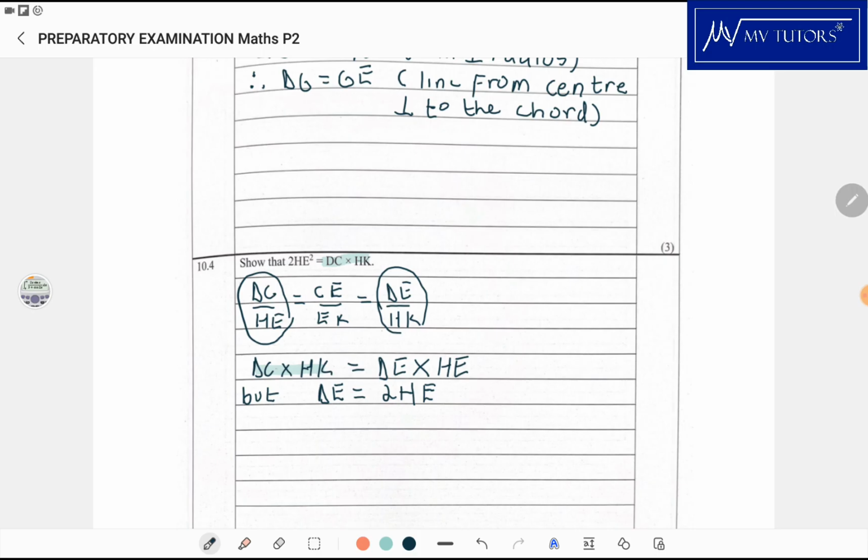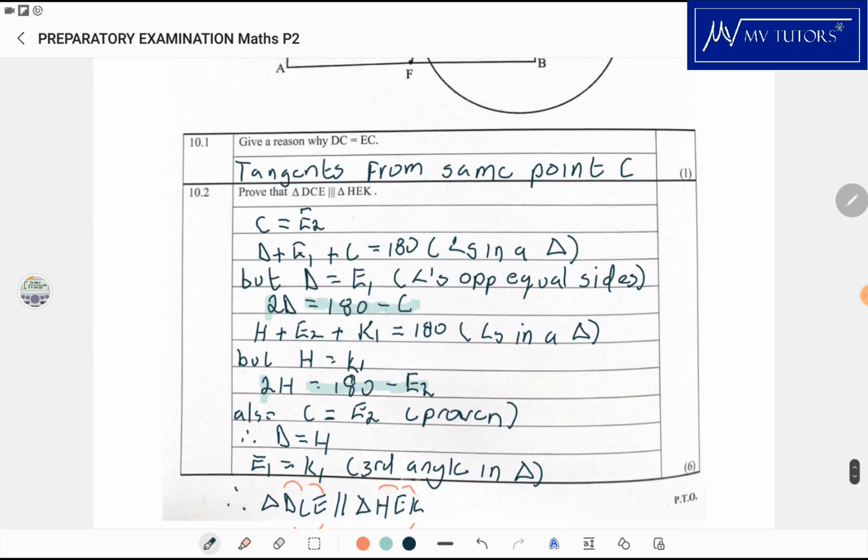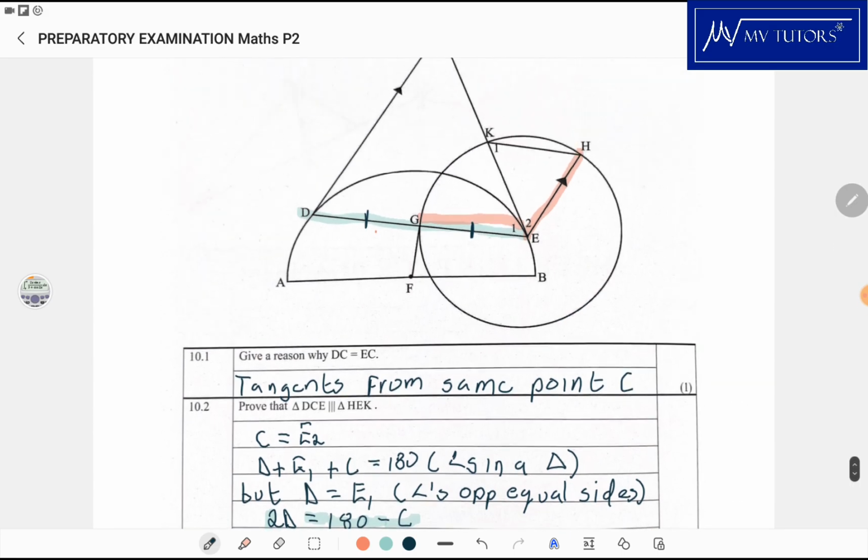The reason is because of the relationship between a radius and a diameter. Actually, DE is not a diameter.